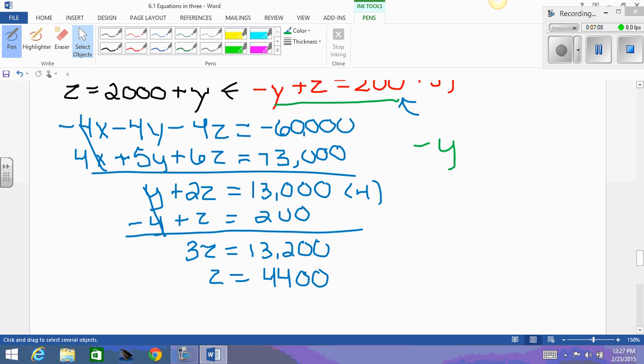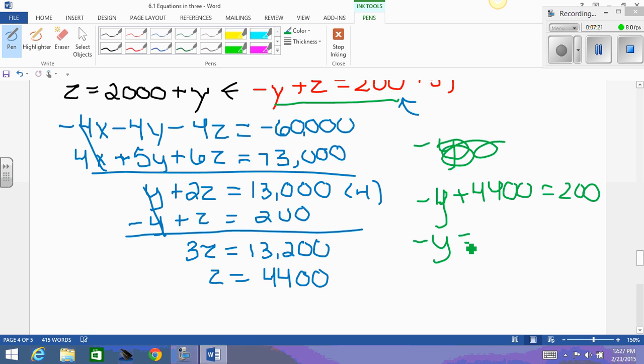All right, negative y plus 4,400 equals 200. Negative y equals negative 4,200, so y equals 4,200.